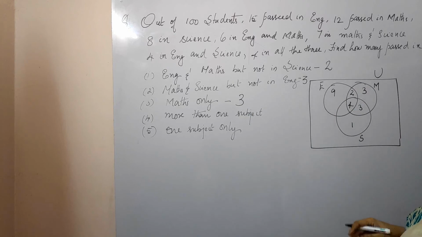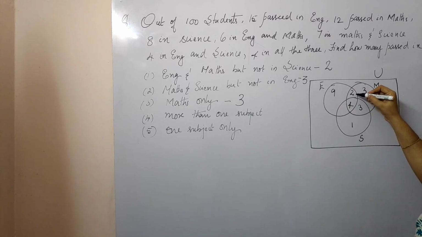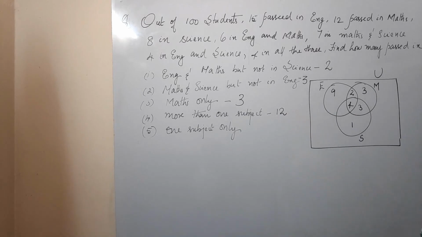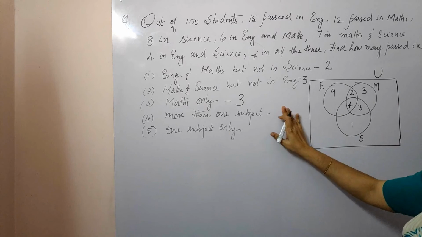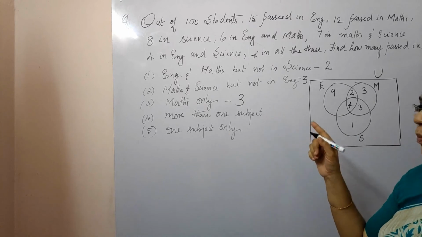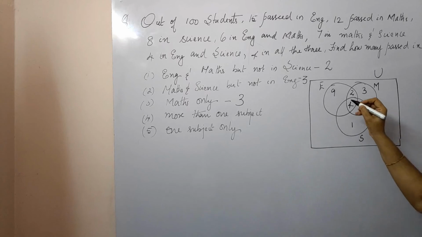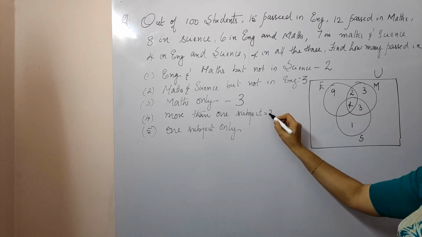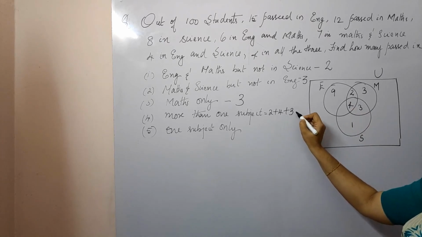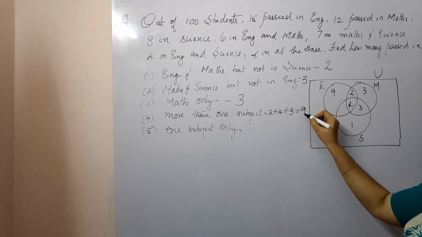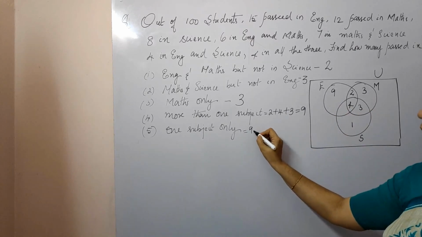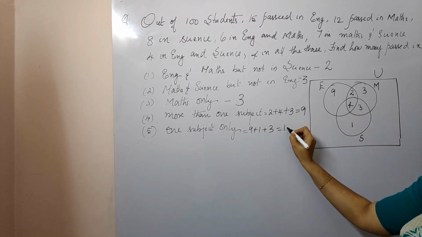More than one subject means 2 plus 4 plus 3. 4 plus 2 is 6, plus 3 is 9. One subject only: 9, 1 and 3. That is 9 plus 1 plus 3, which is 13.